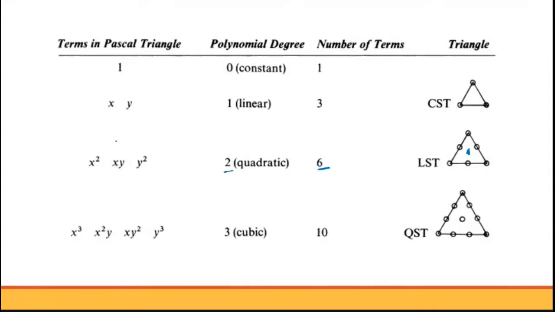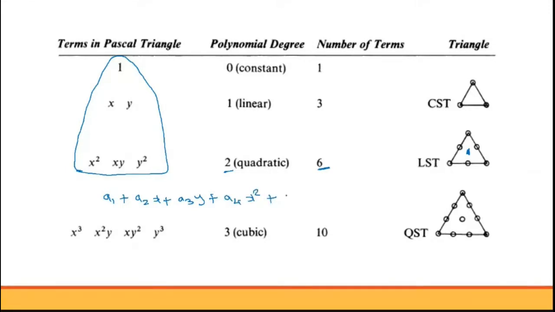In that case, I have to consider up to this row of the Pascal triangle. How to write the function? It should be written like this: a1 plus a2x plus a3y plus a4x square plus a5xy plus a6y square. This is my function u of x. This is how it will increase.